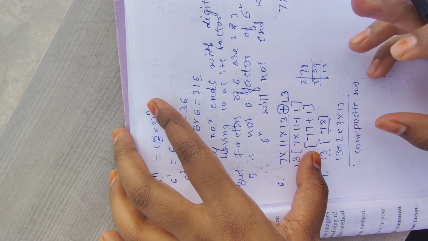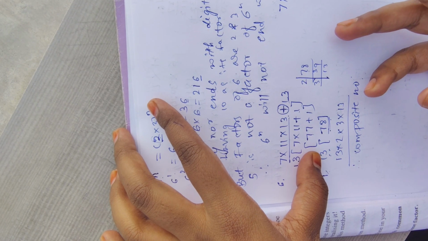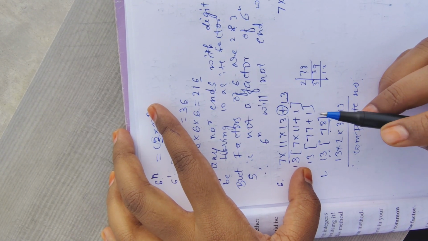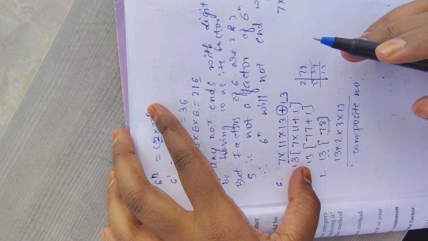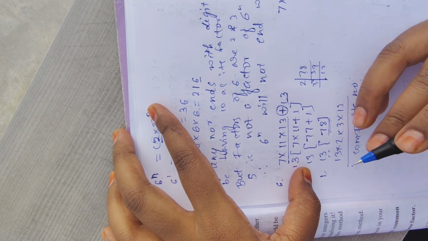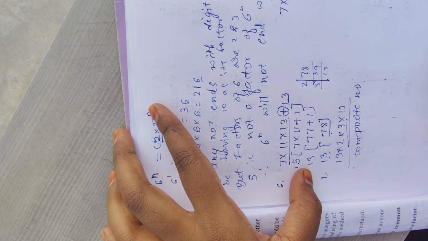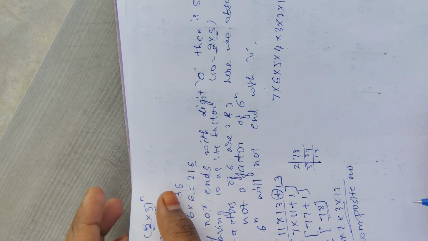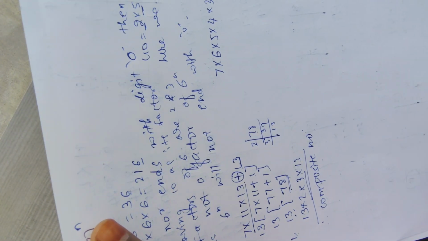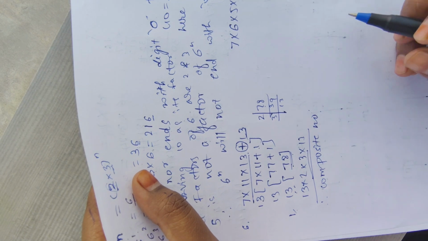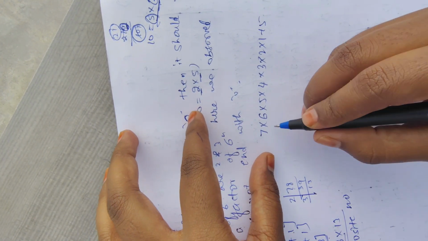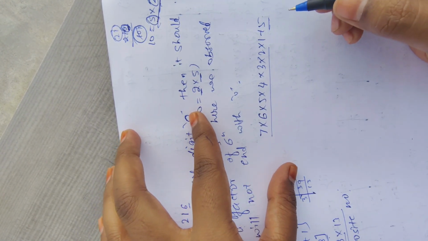What is a composite number? It is having more than 2 factors, along with 1 and the number itself. If it is also having other factors, we can tell it is a composite number. Okay, the same way you try this one.